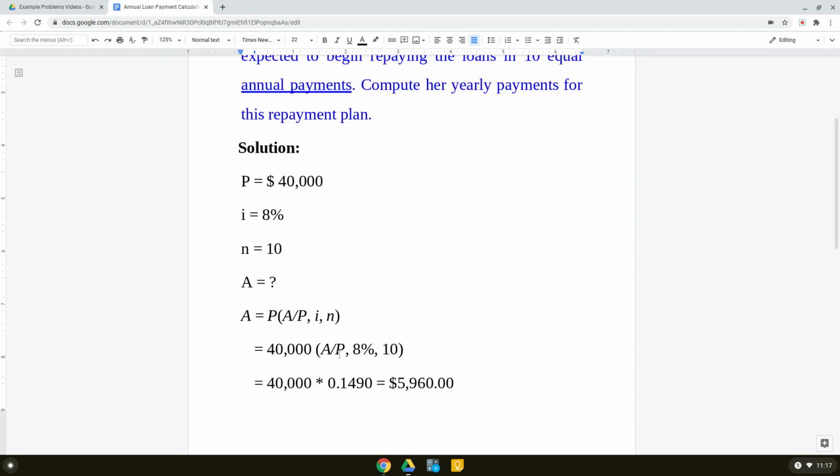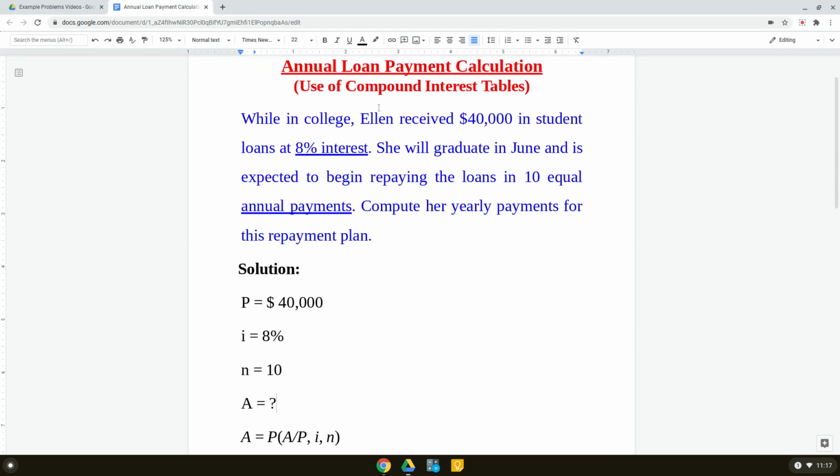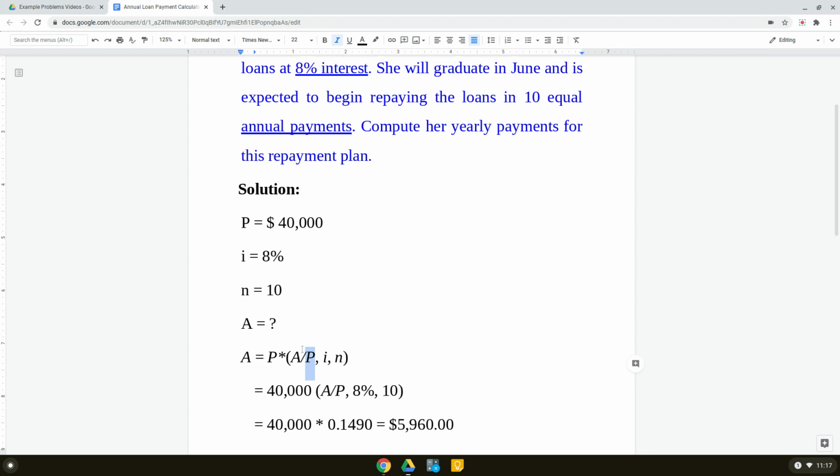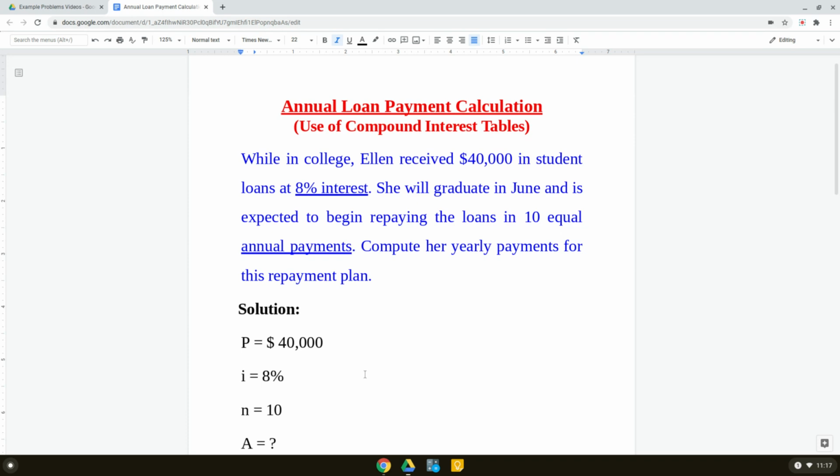So let's use this simple formula based on the compound interest tables. We want to calculate A, annual payment, that is equal to P, the present value given to you, times a factor A given P, meaning find A given P. That factor, the A given P factor, we multiply the P value by, and we will find it in the compound interest tables.